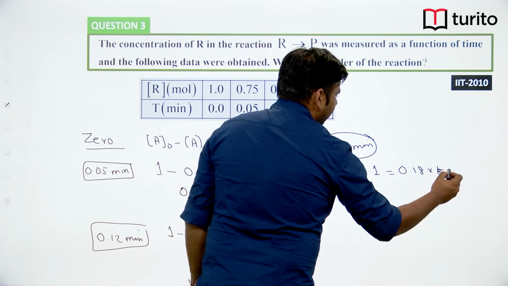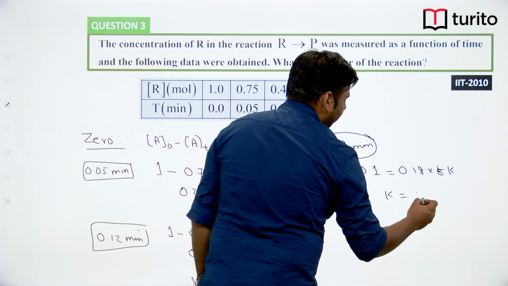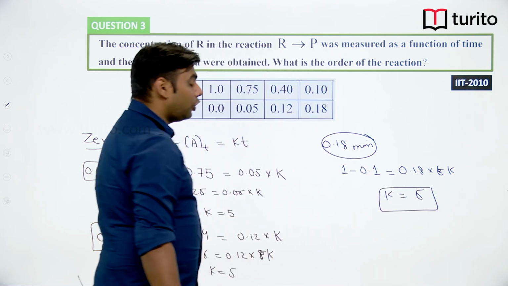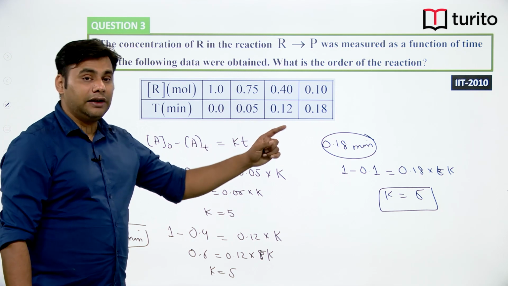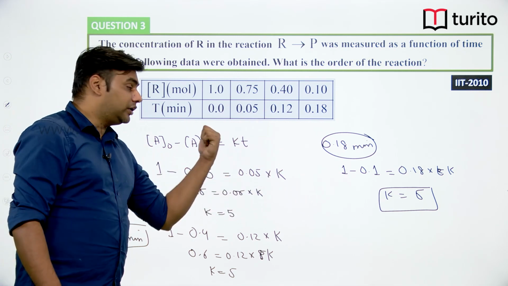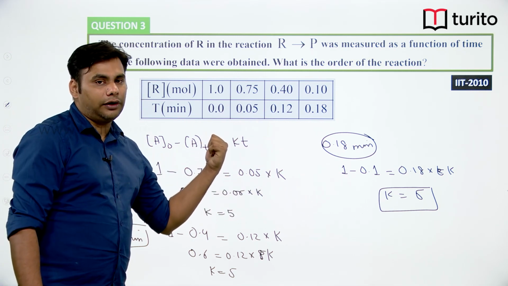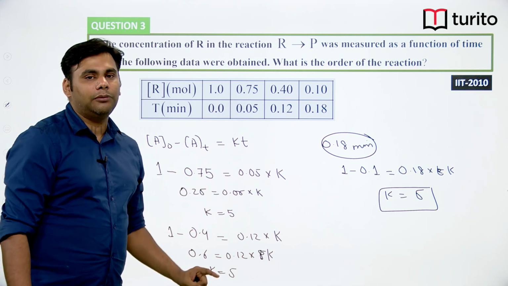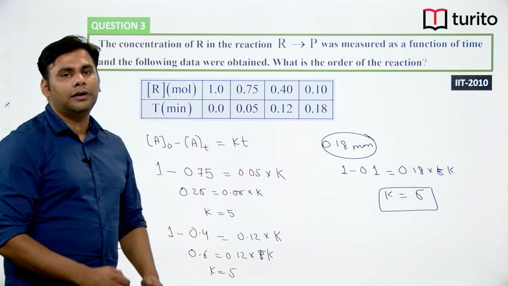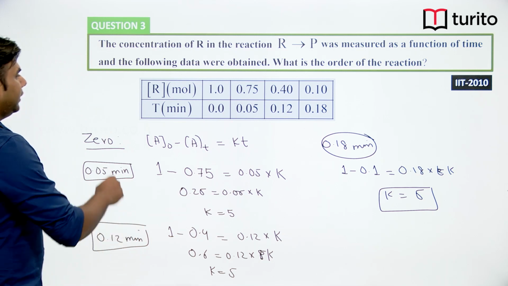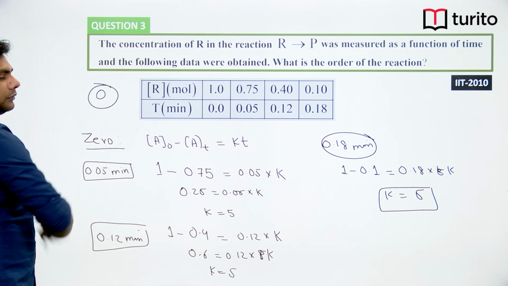So again the value of K would come out to be 5, okay, because at different time intervals the value of the rate constant using the zero order integrated rate law came out to be the same. It indicates that the reaction was following zero order kinetics. So basically the order of this reaction would be 0, okay.